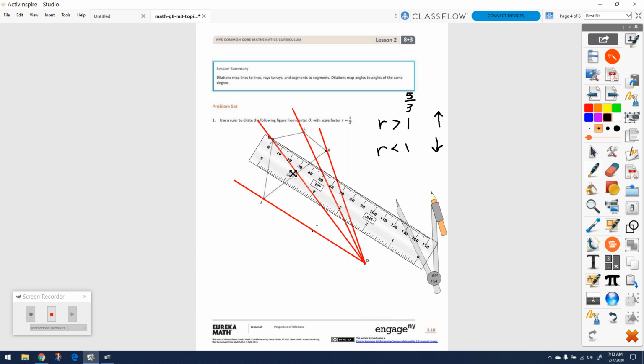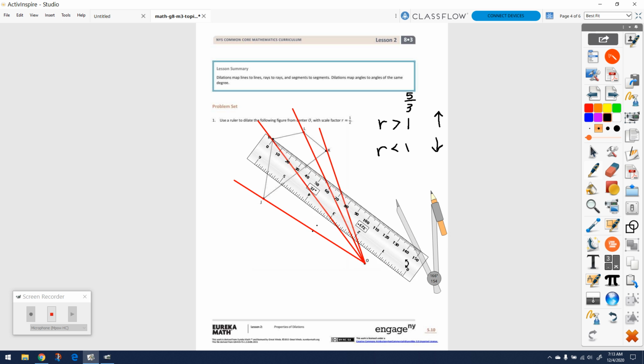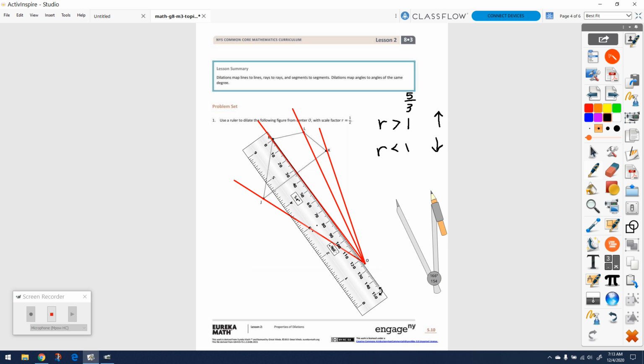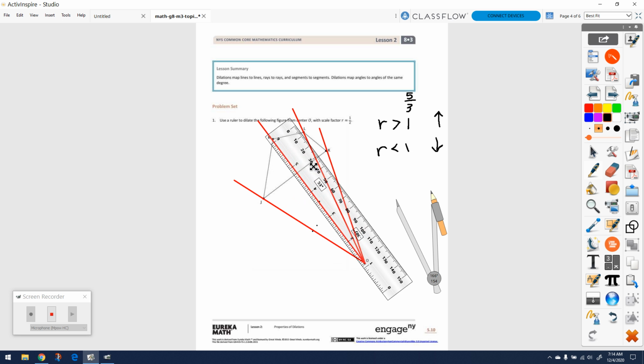So go ahead and line it up. Here we have, looks like 125 for me. So I'm going to mark it at my 62.5 and move it to my next one.